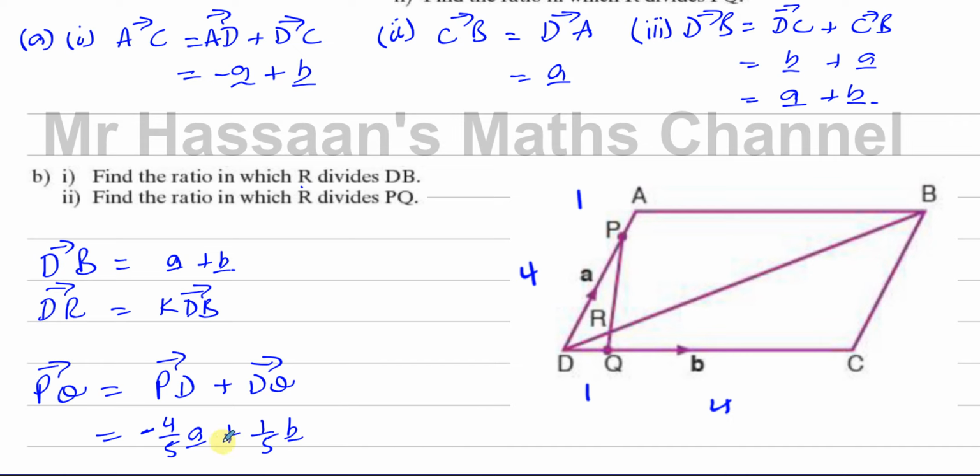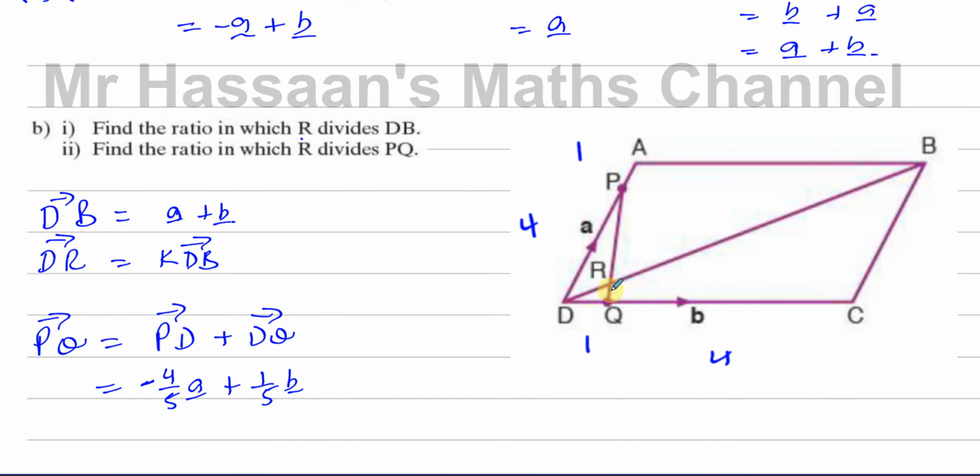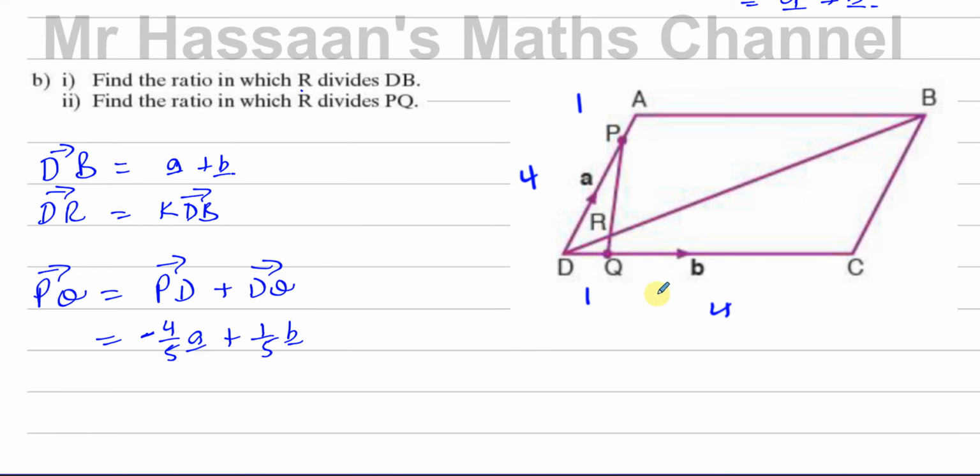So we have P to Q, and because we want to find how R divides this line between P and Q, I'm going to also work out what P to R is. I'm going to call it some multiple of P to Q. We've already used K, so I'll use another letter.